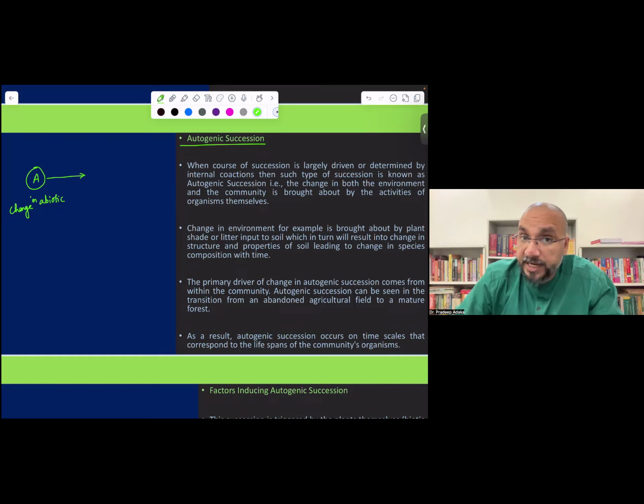Now, this change that has come in the abiotic factor, the change in the soil, is because of the initial pioneer species. So the pioneer species has brought changes in the soil. Now it has become more favorable for another species.